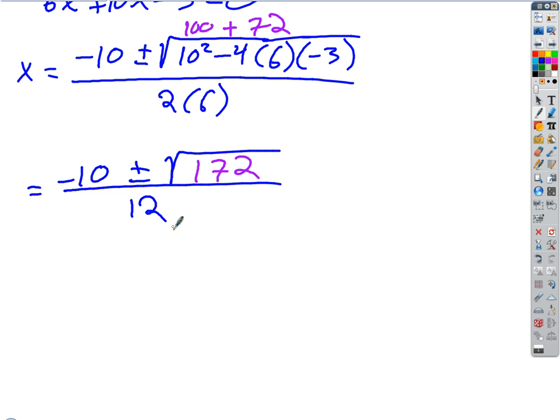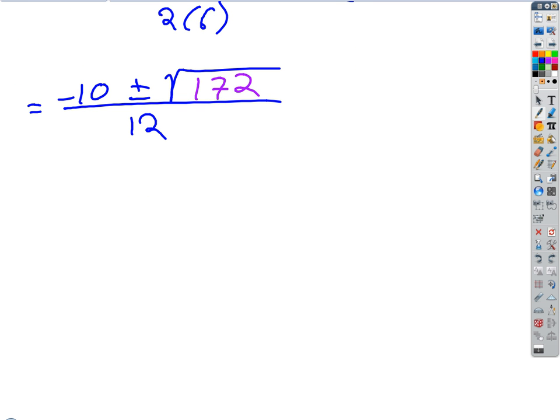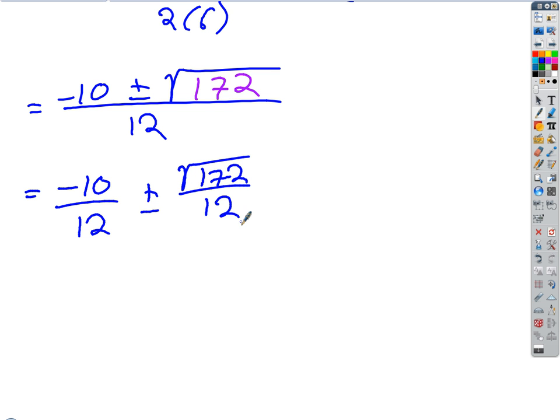Okay, and so I'm just going to maybe split this up. -10/12 plus or minus the square root of 172/12.